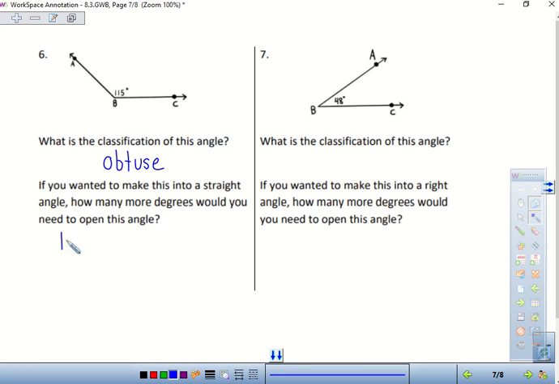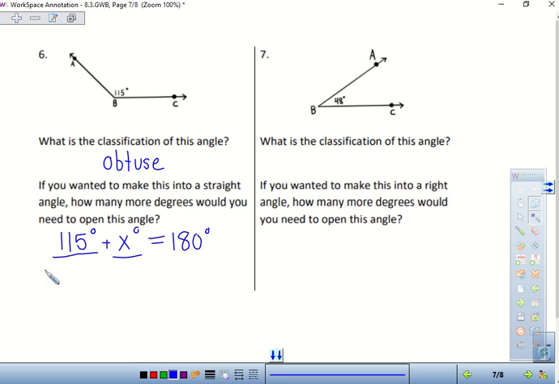So basically we have 115 degrees and we need to add X more degrees to that. So this is 115 degrees plus some more degrees to make it 180, since the total we want is 180.